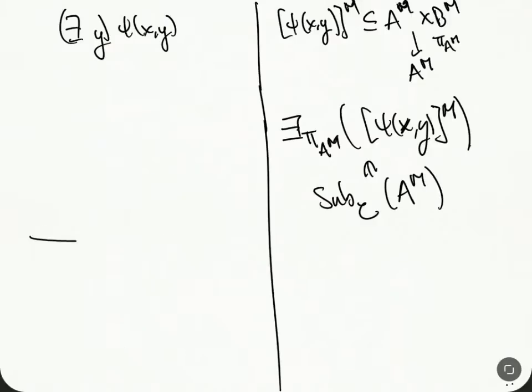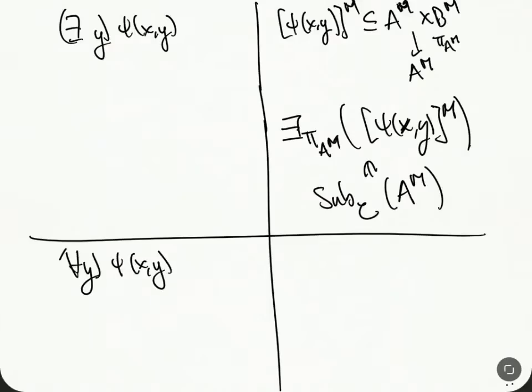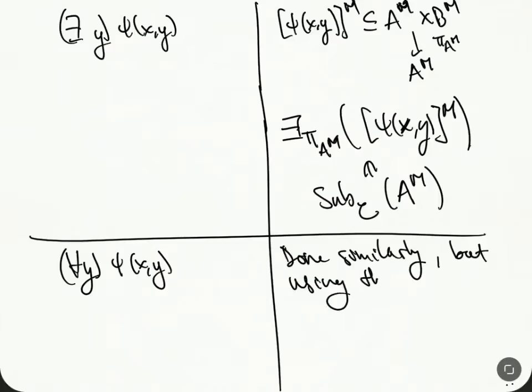Okay, and so the for all quantifier, when we want to interpret this, is done similarly, but using the right adjoint for the pullback map, pi A sub M, instead of the left adjoint.